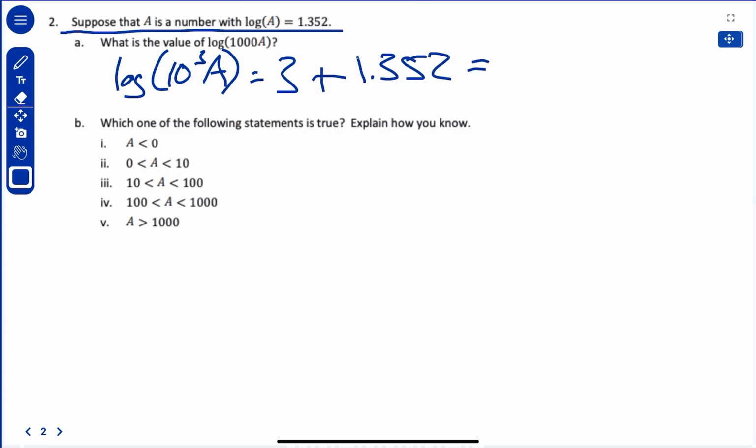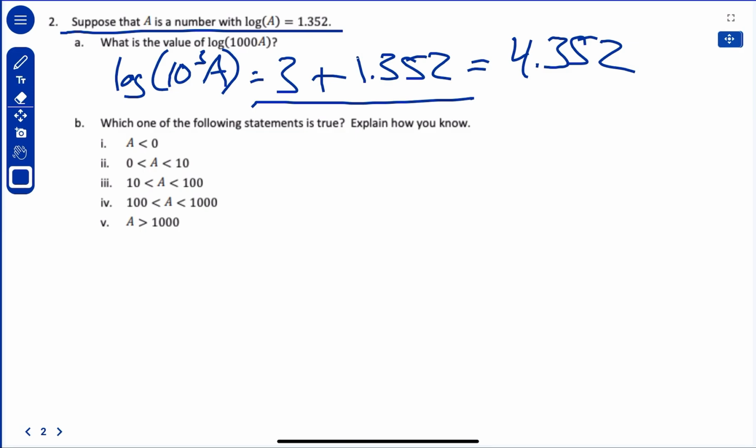So what is that going to equal? 4.352. Since we're multiplying, we can add these, right? Since those two are multiplied together, we can add them.